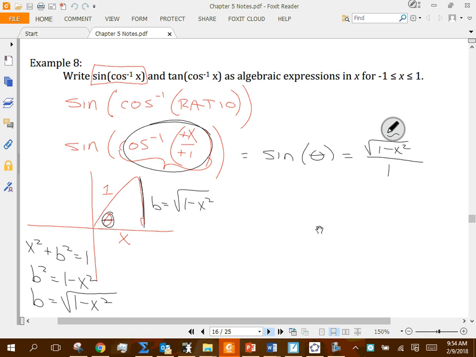Now, they have to write this. Don't really worry too much about it. They have to write that because my domain values for cosine inverse have to be between -1 and 1, right?